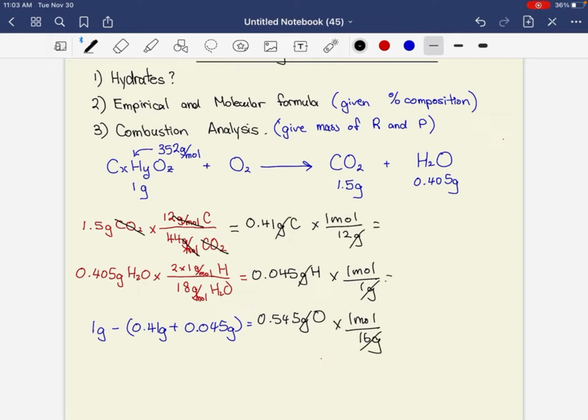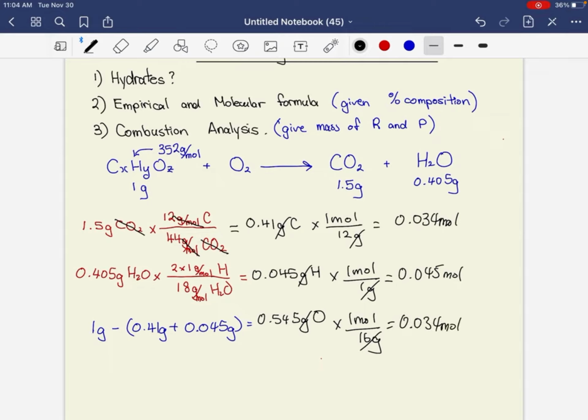So let's take a look at what they are. 0.41 divided by 12, all right, it's 0.034 mole. 0.045 divided by 1, that's easy. And 0.545 divided by 16. What would that be? Okay, 0.034 mole.